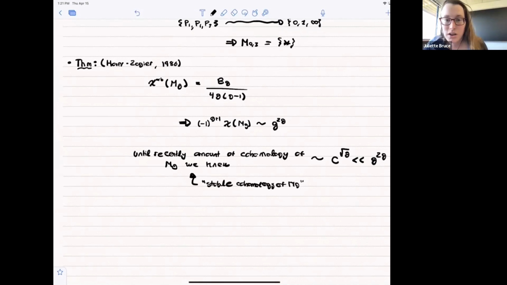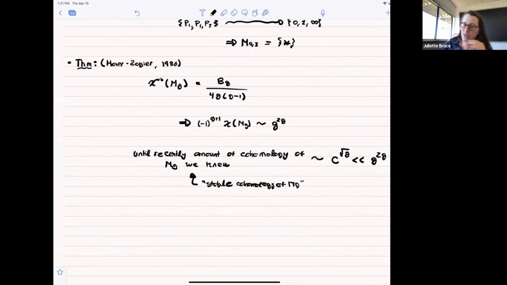I'm not going to define it, but it's a theorem of Madsen and Weiss that that thing exists, and if you look at the dimension of the stable cohomology, it is roughly growing on the order of a constant to the root g.